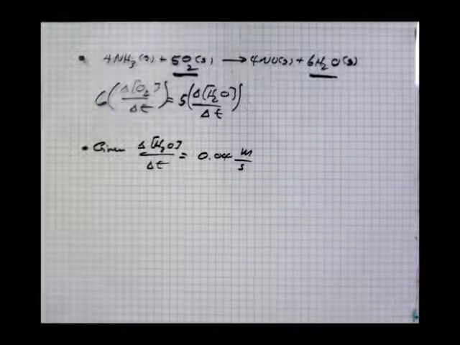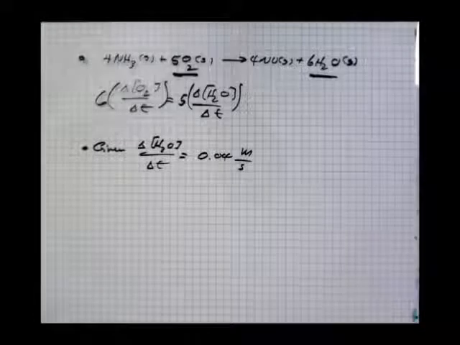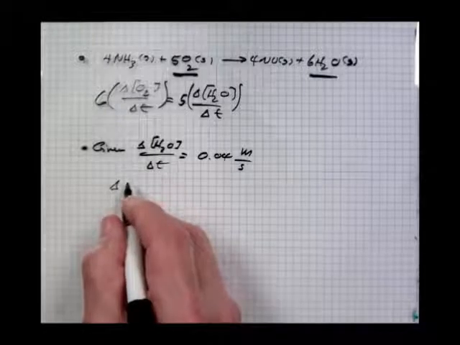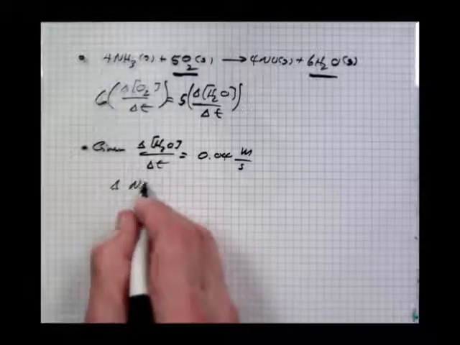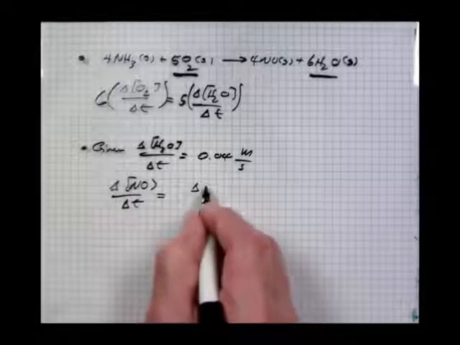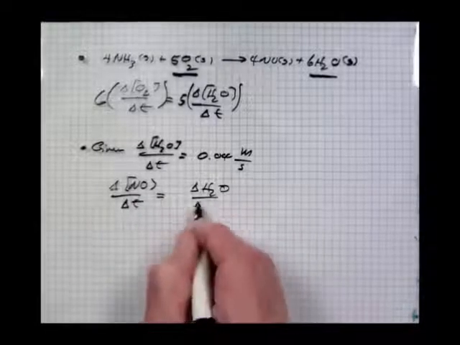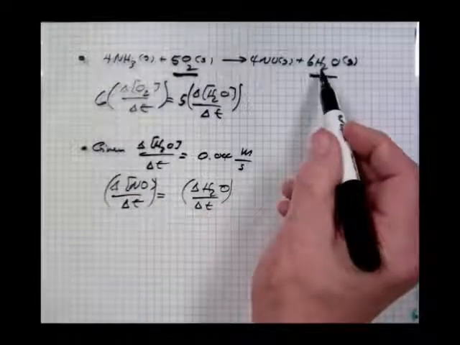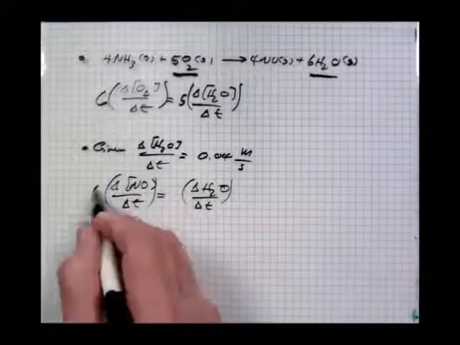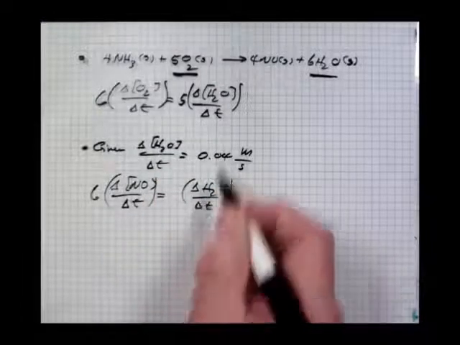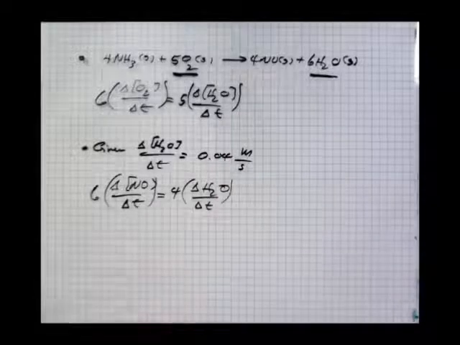Okay, so they want nitrous oxide and ammonia for the first one. So it's a change in NO over change in time is equal to change in H2O over change in time. So water is 6, so we want to put it over here, and NO is a 4, so we want it to go there.